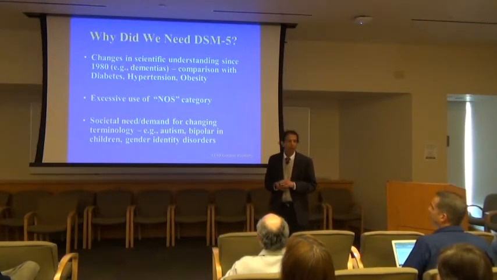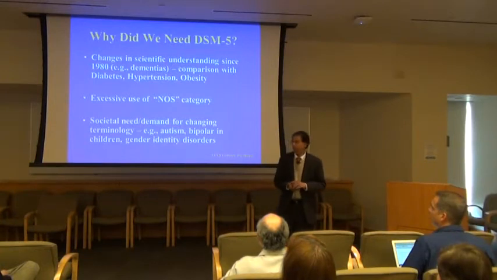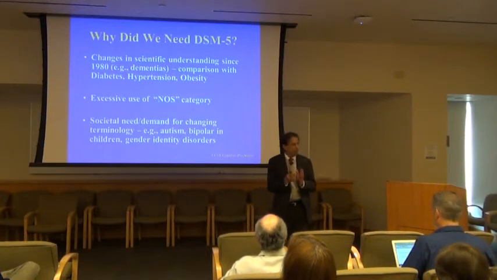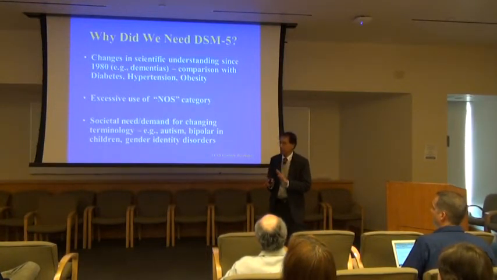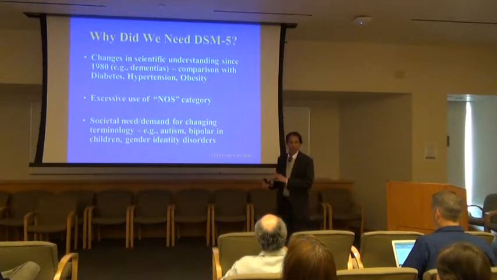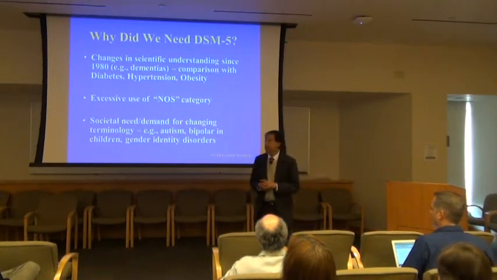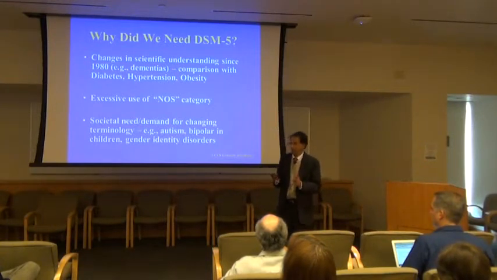Autism. When I did my psychiatry residency, I was taught that autism is very rare, and it is really a type of early childhood schizophrenia, the most severe form. Today we know that autism is actually fairly common. The prevalence may be at least 1% of all kids, maybe even higher.